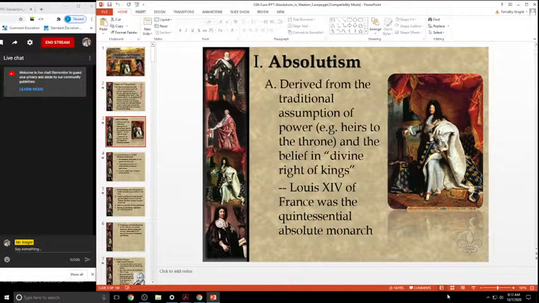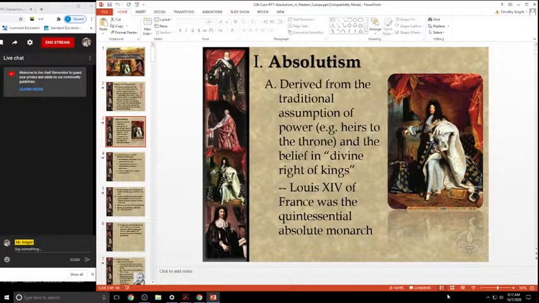And remember, all a constitutional monarchy is a monarchy where the king's power has been limited by a legal document, a constitution. And so the English Civil War resulted in the stopping of the spread of the idea of absolutism in England.